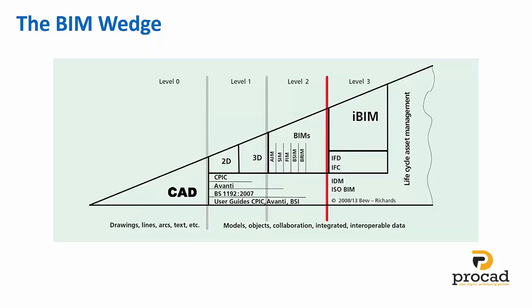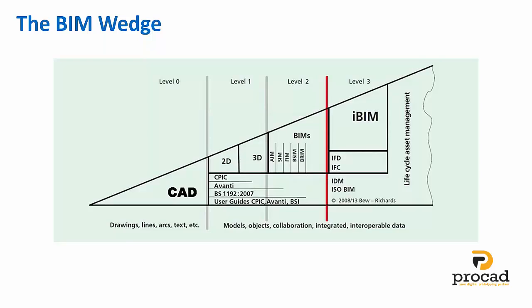You'll see this a lot in relation to the UK BIM mandate, looking at the different levels of BIM. I know there's a lot of talk around BIM level 2, and a lot of projects that are highlighted and case studied are focused on BIM level 2, but I hope today to demonstrate that using BIM doesn't necessarily have to mean BIM level 2, and you can still comply with that by using BIM packages and BIM software.